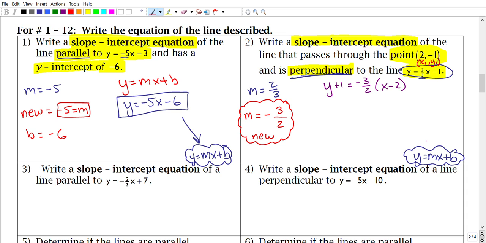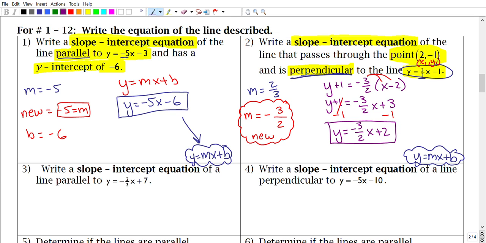We're not done because it's not of the form that we need, so we have to distribute. We get y plus 1 equals -3/2 x plus, because the negative times the negative is a positive, and then that multiplies to be 3. Last step here, let's subtract the 1, so we get y equals -3/2 x plus 2.